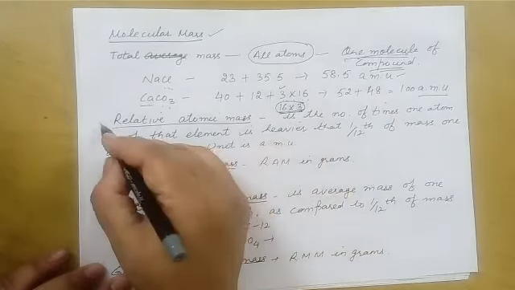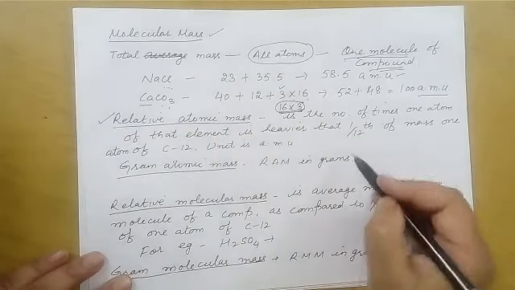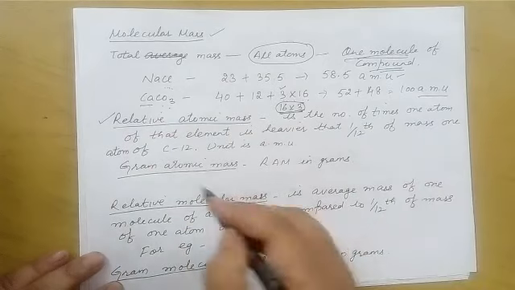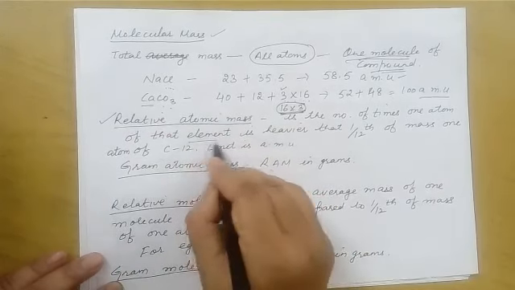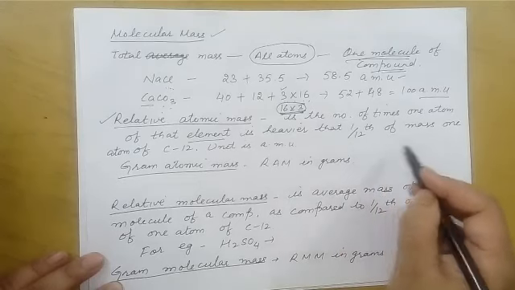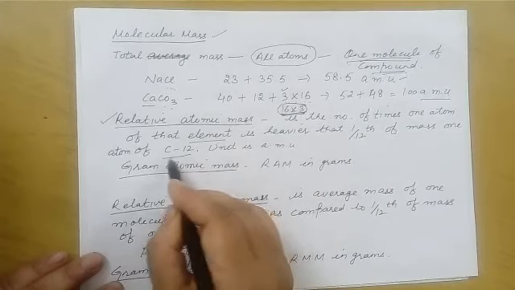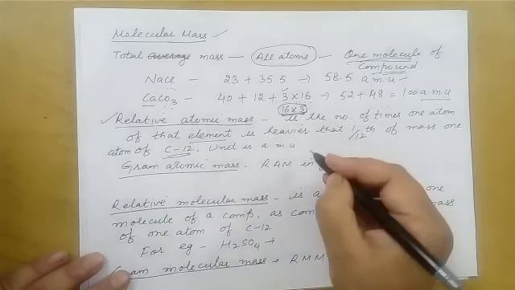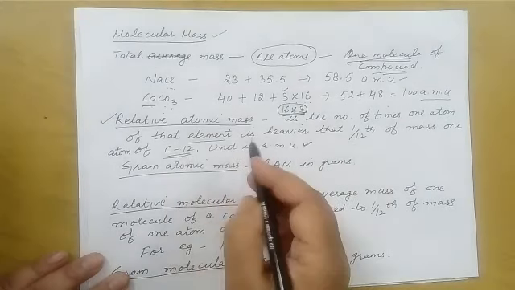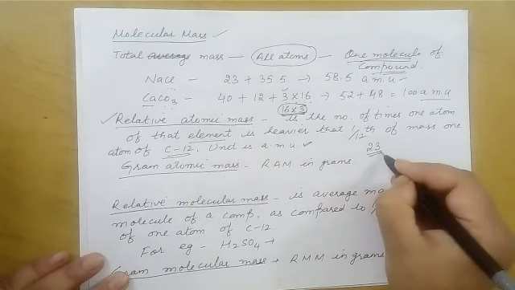Relative atomic mass. Relative means comparative. It is the number of times one atom of that element is heavier than 1/12 of the mass of one atom of carbon 12. Unit is atomic mass unit. So relative atomic mass of sodium is 23.